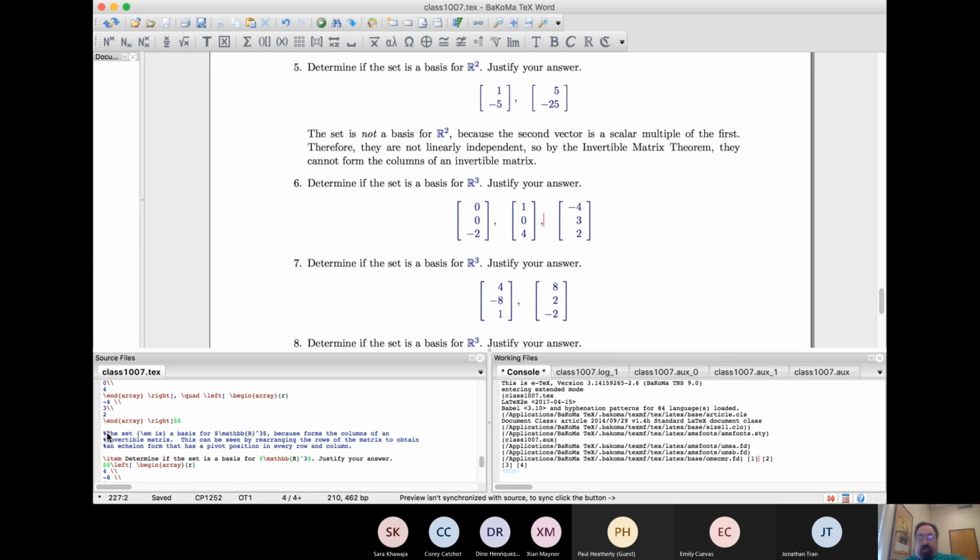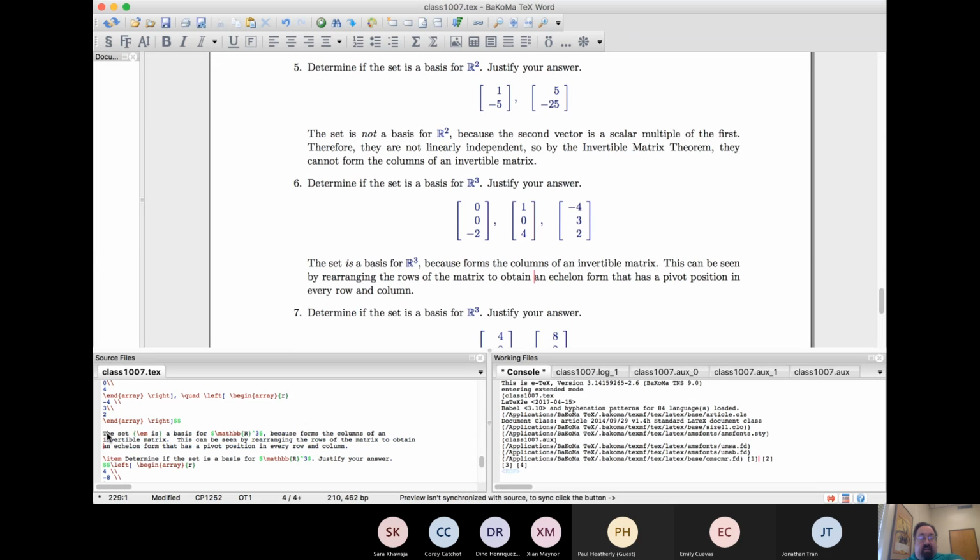And in fact, you'd be able to see that there's a pivot position in every row and every column. So just row swapping, no other row operations needed. You find pivot positions in every row and column. These vectors form an invertible matrix, therefore it is a basis.